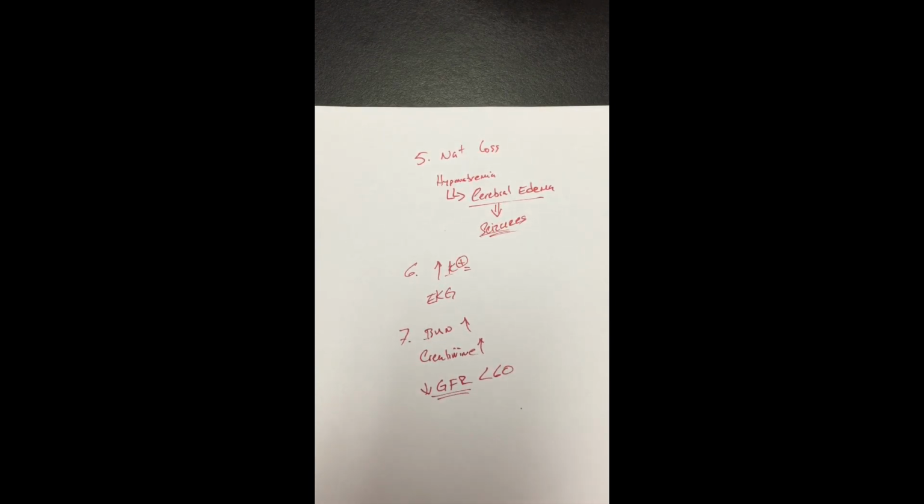GFR stands for glomerular filtration rate. Okay, again, glomerular filtration rate. So your glomeruli are filtering. Well, in this case, we talked about how you're going to have renal damage. Most likely, your glomeruli will not be filtering. So this number will be low.